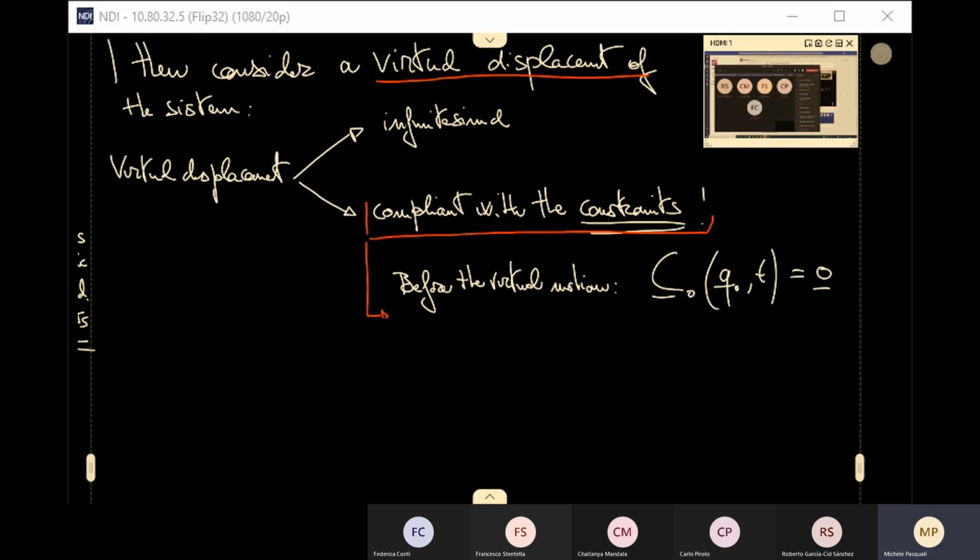And then, after the virtual motion, well, I'm in another state, which is very close to the initial one, which I can call C1 of Q1 and T. But since this Q1, which is slightly different from Q, must be compliant with the constraints, also this constraint must be enforced.